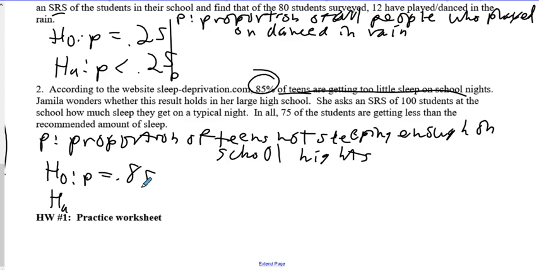She's not making a claim that she thinks it's less. She's not making a claim she thinks it's more. She just wants to know, is it true? So she's trying to prove whether it's not equal to 0.85, because she is not making a prediction one way or the other. She's just saying, I want to know if it's true.